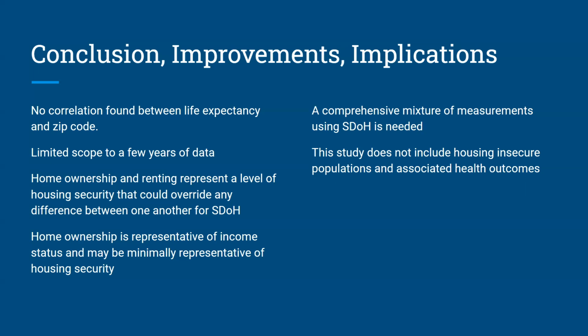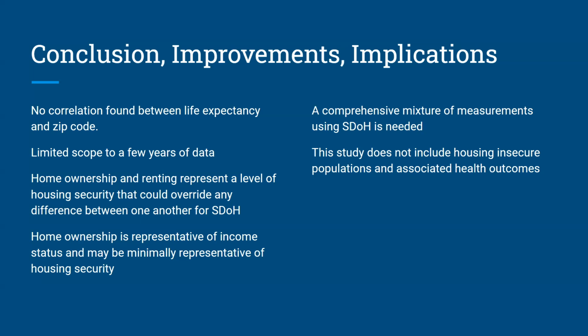Another issue is that homeownership represents a level of wealth that maybe overrides any difference in just being able to have a house and be secure in that housing. Your life expectancy is going to be, or the impacts on your health are going to be, less significant because you have housing security.